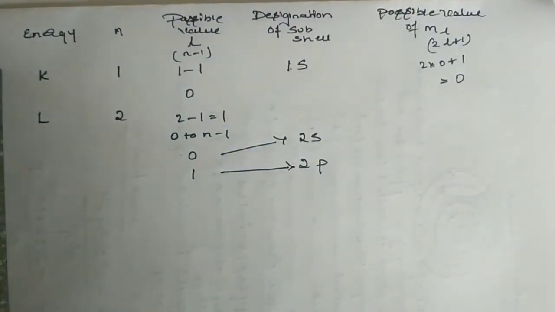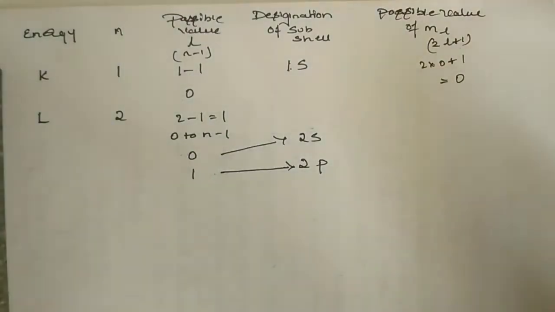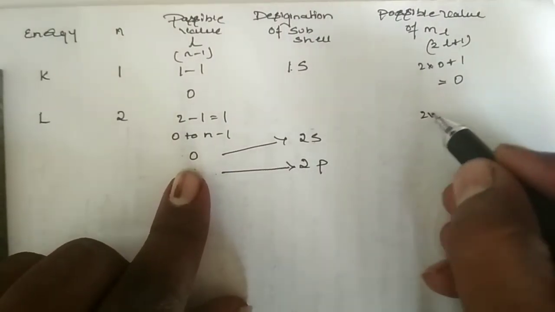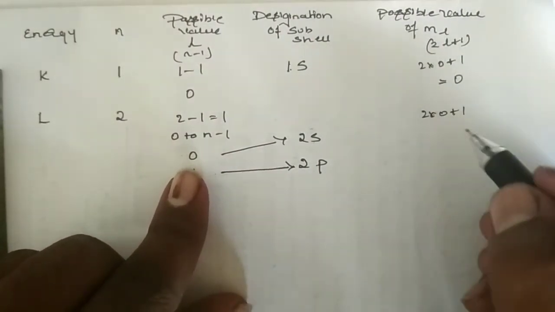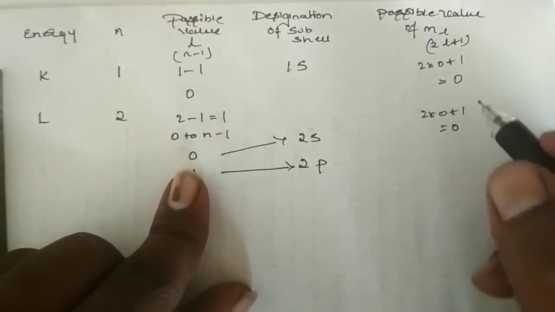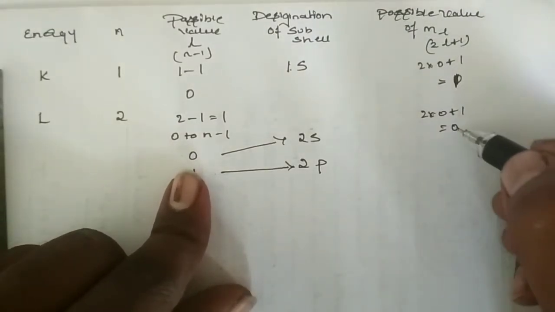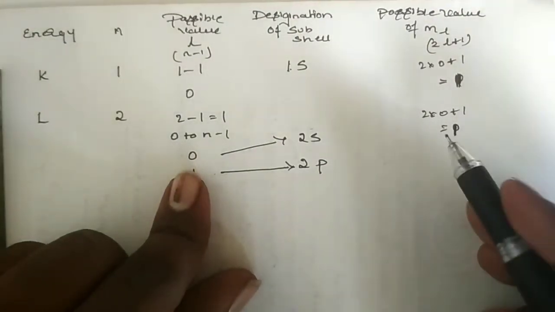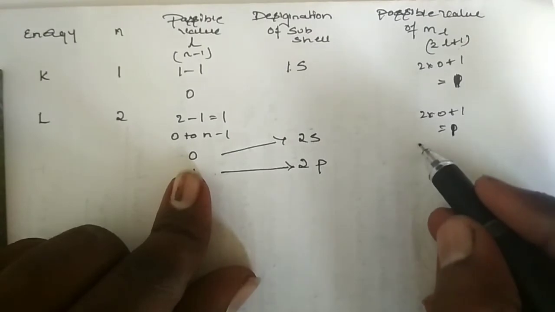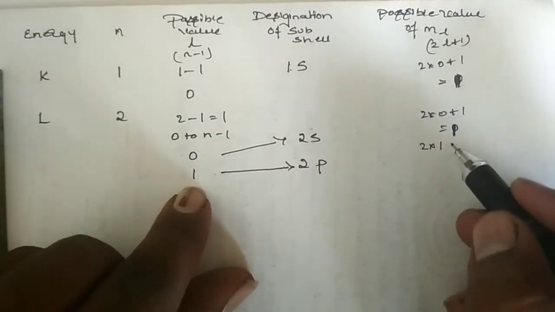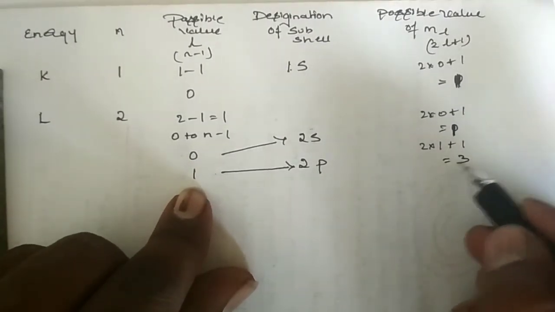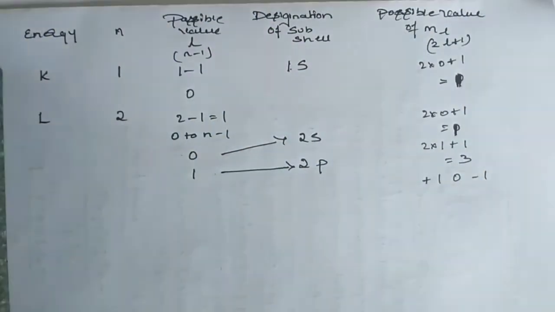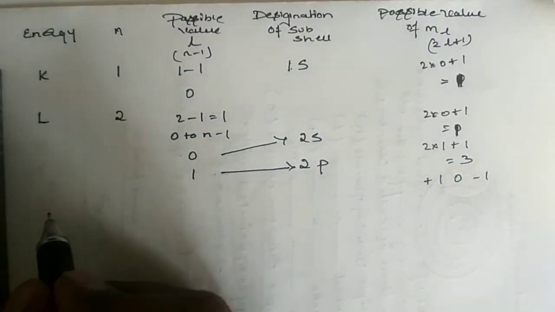Very very important. Now for ml, l is first 0, so 2 into 0 plus 1 is 1. And for l equal to 1, 2 into 1 plus 1 is equal to 3. We can represent 0, minus 1, plus 1.